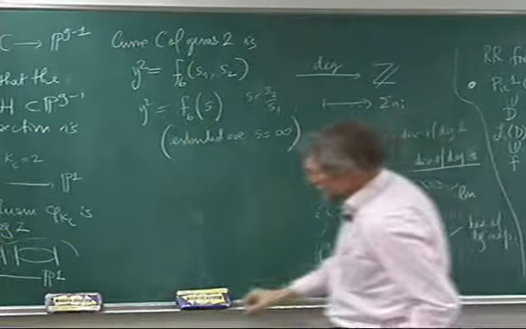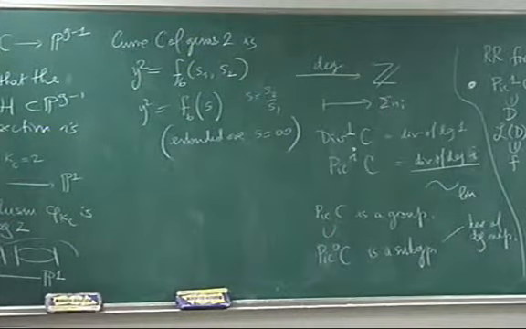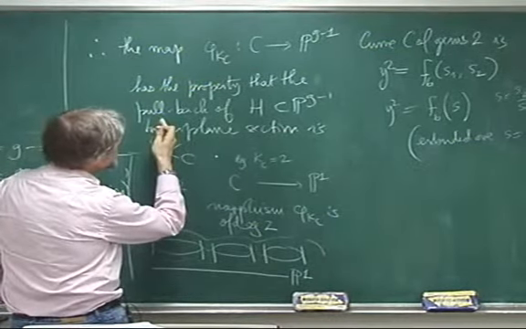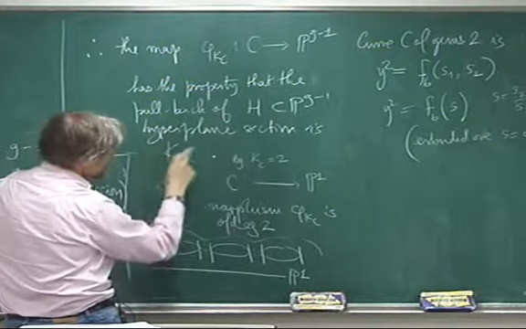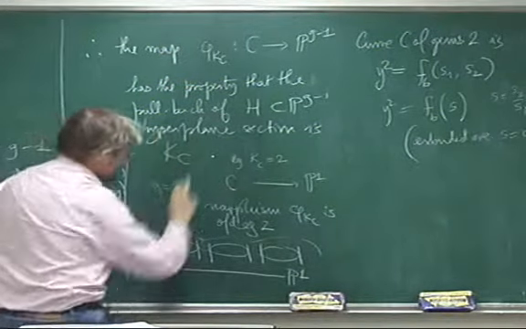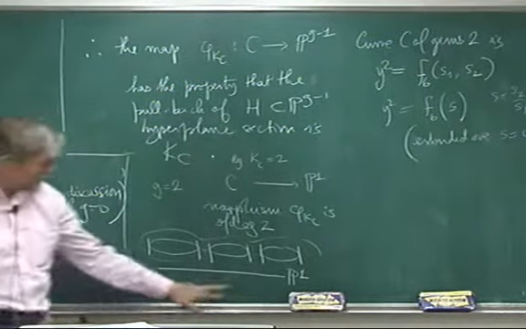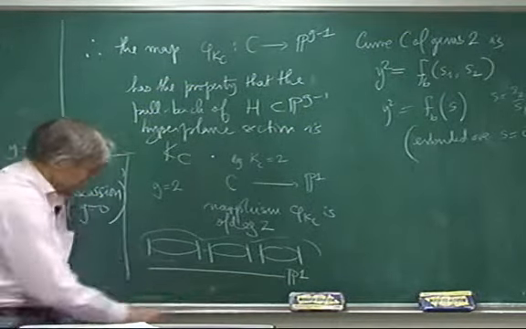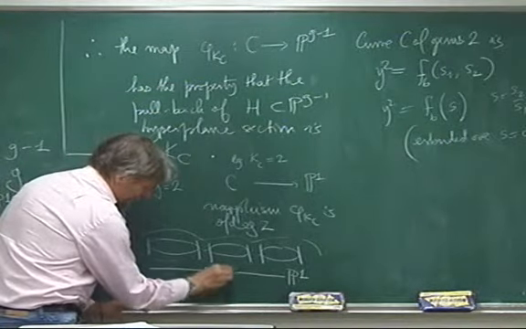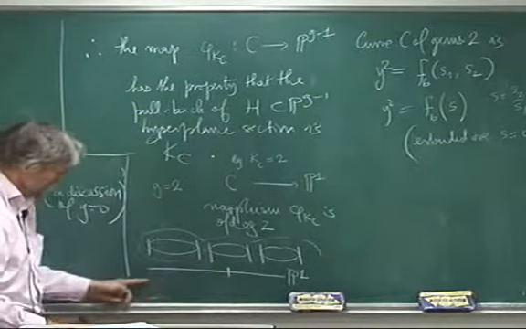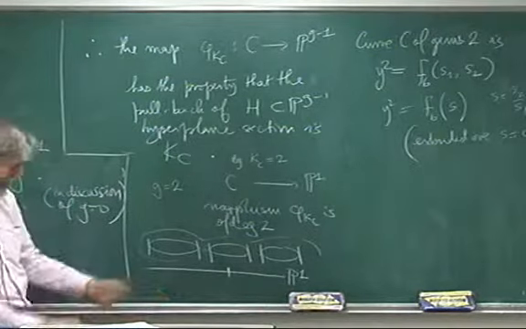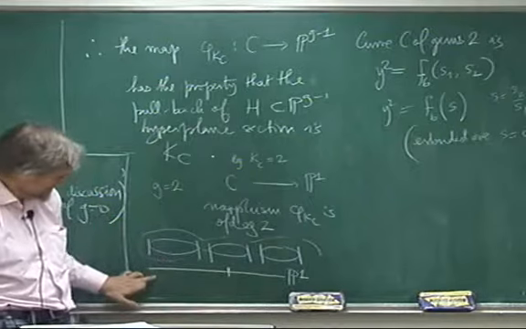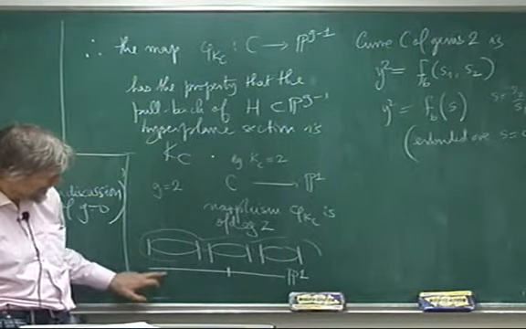But the point is that, what do I mean by saying Kc is the pullback of the hyperplane section? So I'm in P1. What's a hyperplane? A hyperplane of P1 is just a point. So if I take a point in P1, that point moves up and down the line. This is just the usual linear system on P1, which is O of 1, which is the ratio x1 to x2.